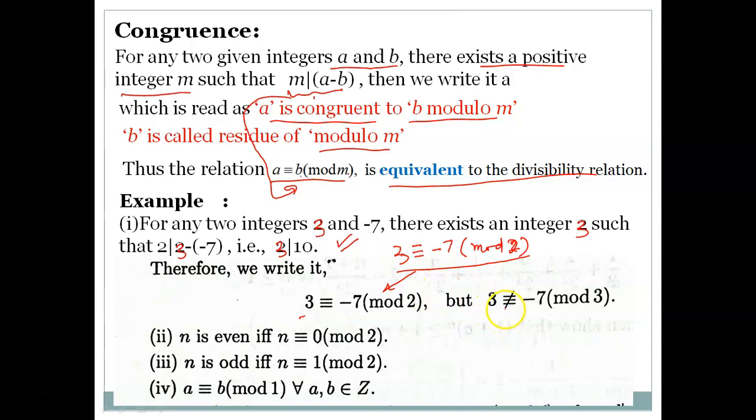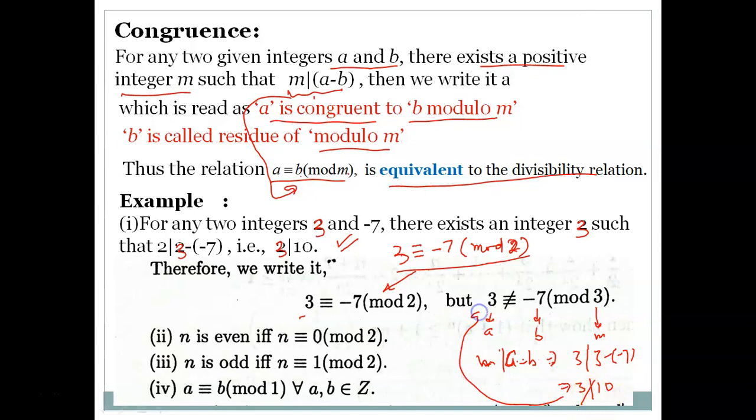But we cannot write 3 is congruent to minus 7 modulo 3, because in this case A is 3, B is minus 7 and M is 3. If I write M divides A minus B, it means that 3 divides 3 minus minus 7. That means 3 divides 10. This is incorrect. That is why we can say 3 does not divide 10.